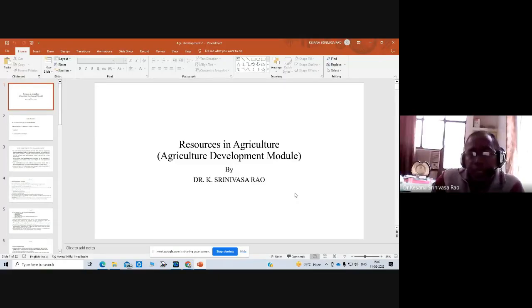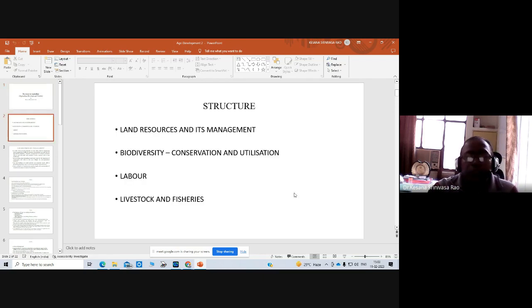The agriculture development module, resources in agriculture. So basically, when we talk about the resources in agriculture, the fundamental resource is the land, and the second one is irrigation, and the third one is bioresources, biodiversity, conservation, and utilization.